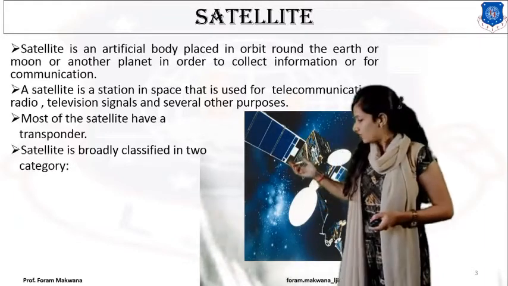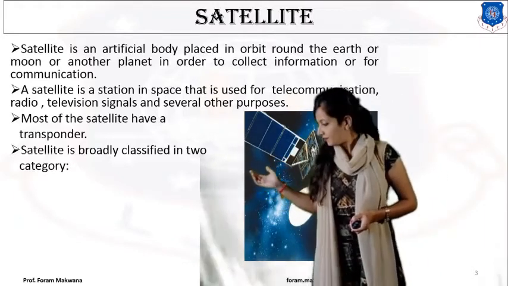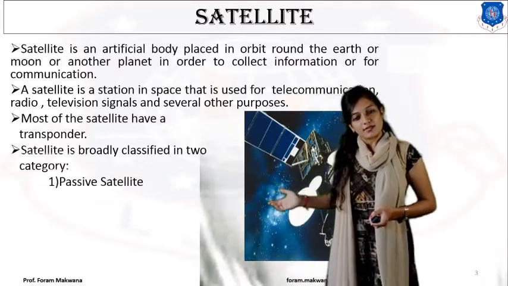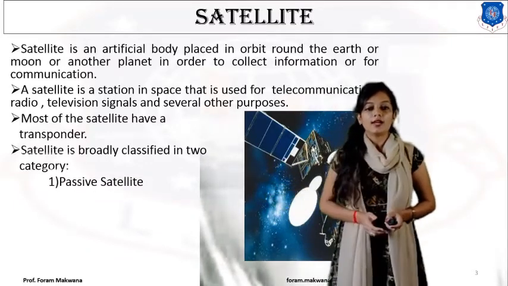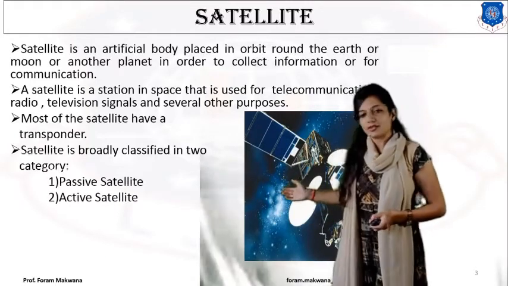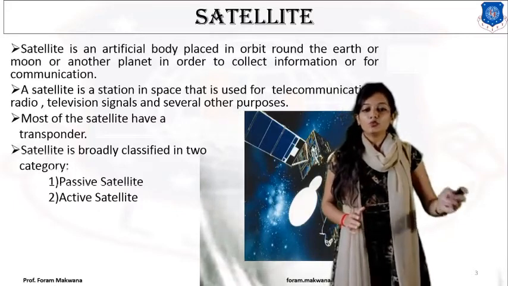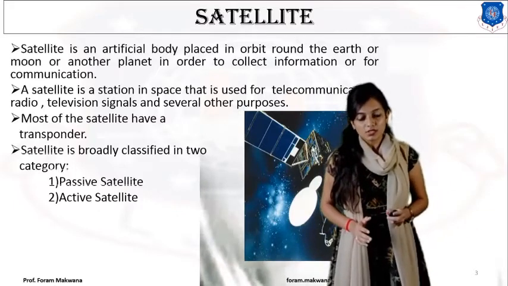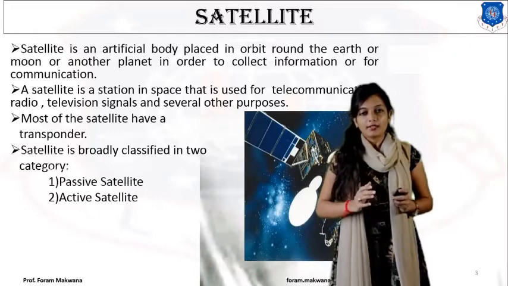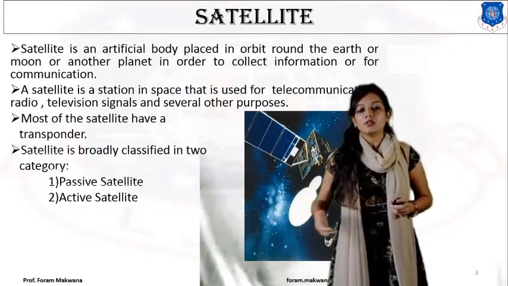So we can also say that satellites are broadly classified into two categories. The first one is the passive satellite and the second one is the active satellite. Now what do we mean by passive satellite? A passive satellite receives the signal from the Earth station and reflects it back to the receiving Earth station.